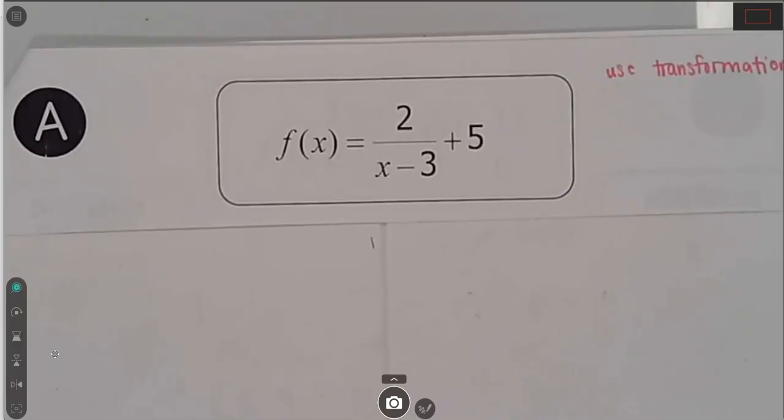When you have it, hold up your board. You're going to give me x equals whatever, y equals whatever. So give it to me as an equation.